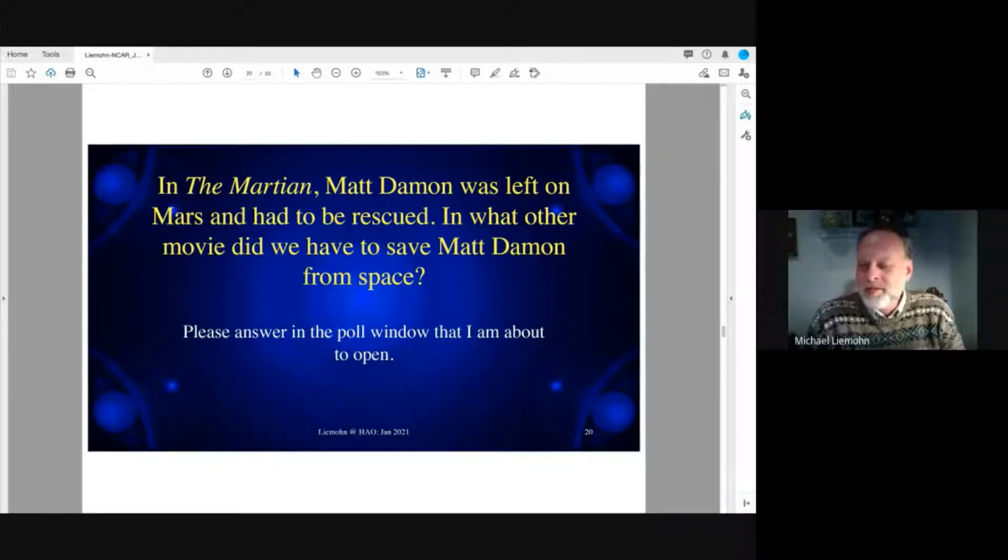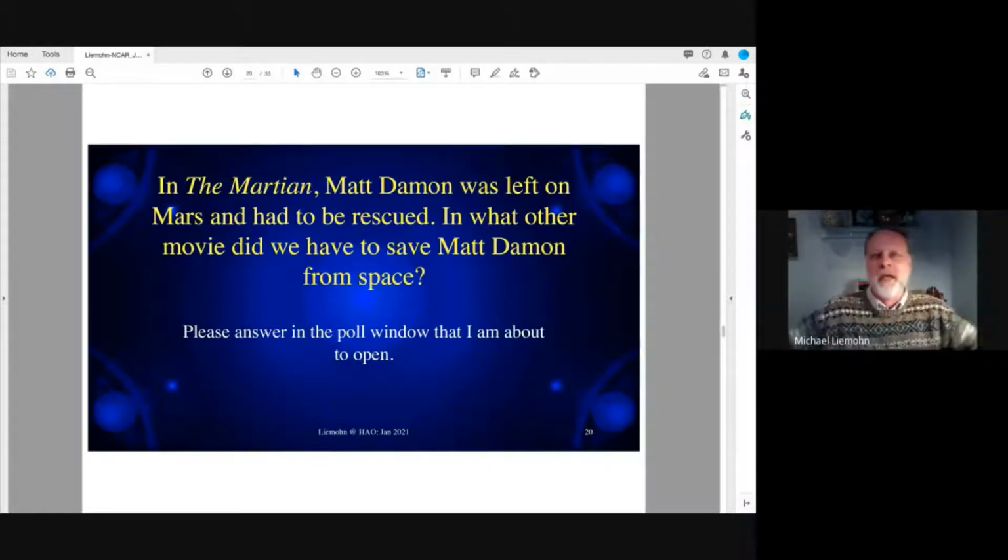I see that lots of people voted for Interstellar. A couple voted for Saving Private Ryan. Thor Ragnarok got a couple. Ocean's 14 got 0 votes. So Interstellar is probably the most correct answer here. Matthew McConaughey is sent off into space. They find this outpost where they had sent somebody before.